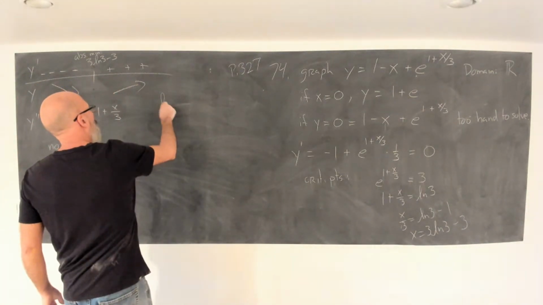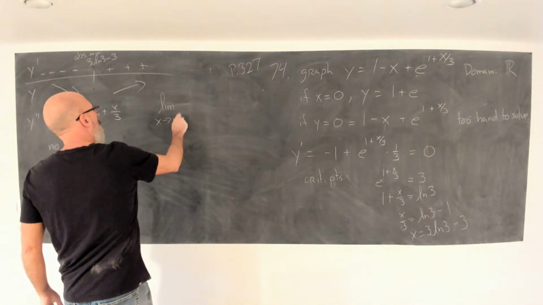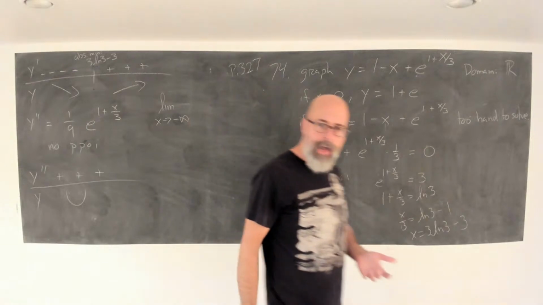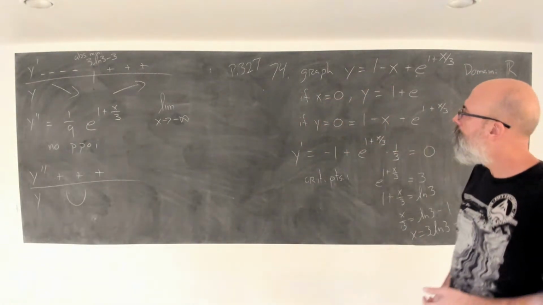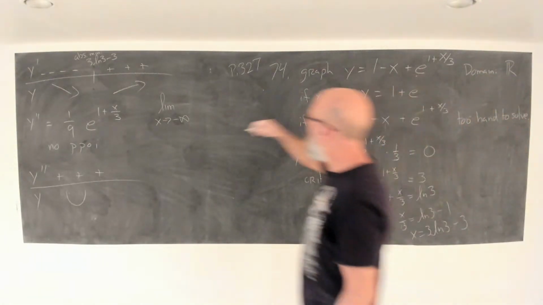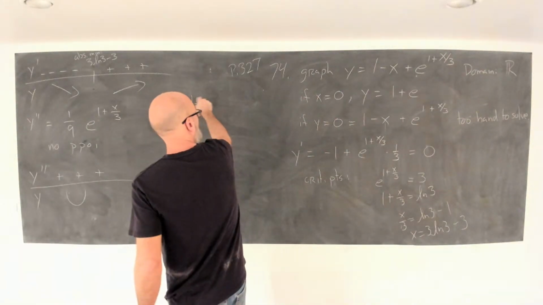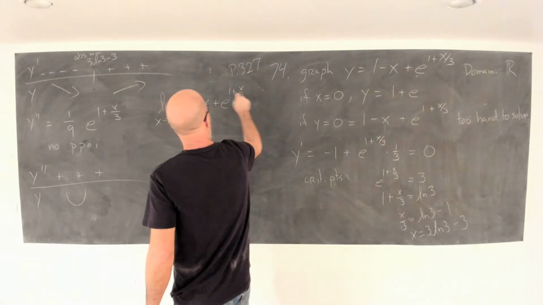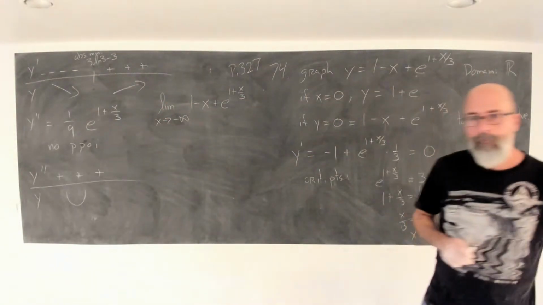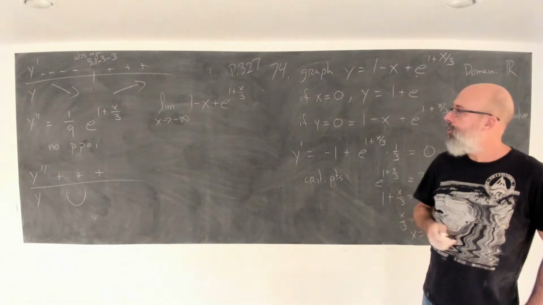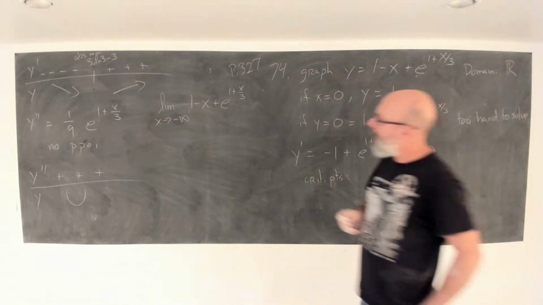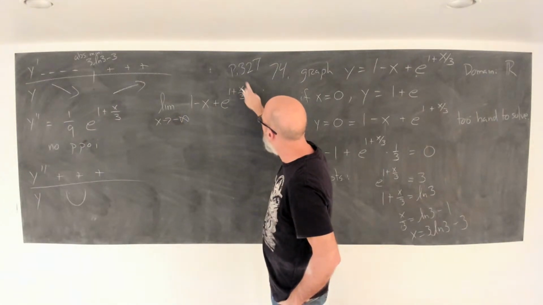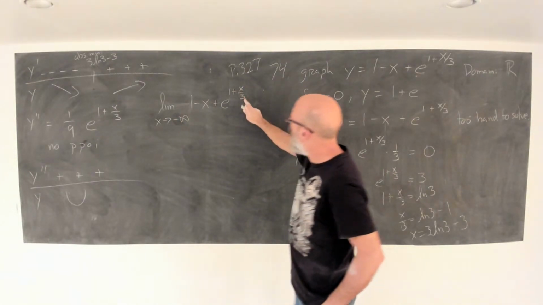Let's look at the limits. We want to know where to start, where to end. So what is the limit of our function? As x goes to negative infinity, what is happening to x over 3?